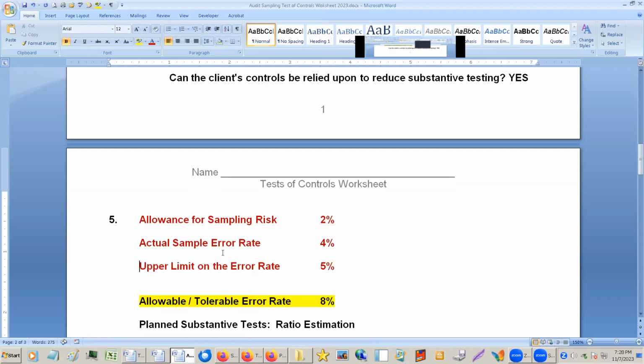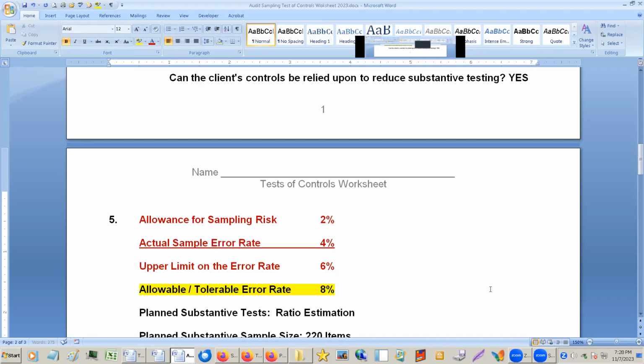So that's what, 6%? Okay, so can we rely on the controls? Yes.